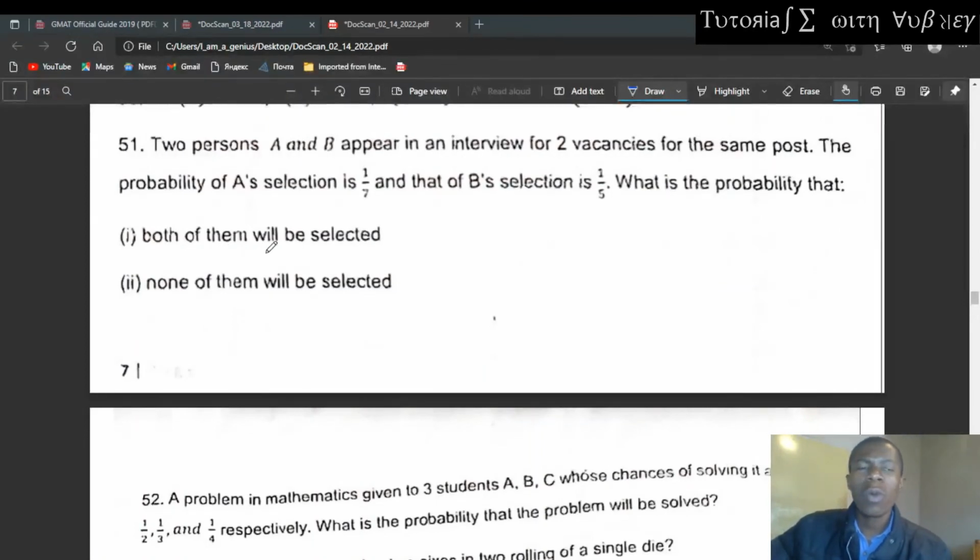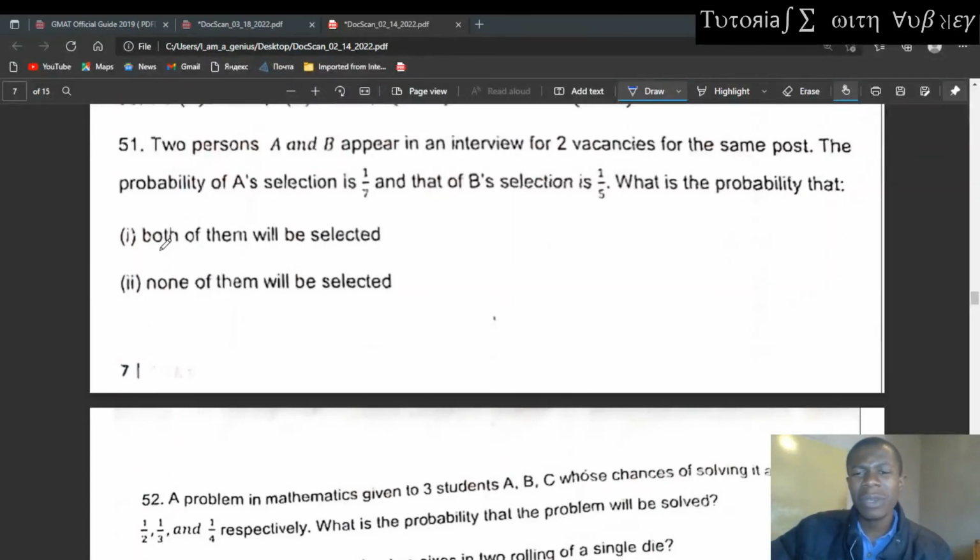Both of them will be selected. So whenever you see both of them will be selected, or A or B being selected, then we are talking about union, right? But if they said, what is the probability that both A and B will be selected, then we are talking about intersection. So you should take note of that.